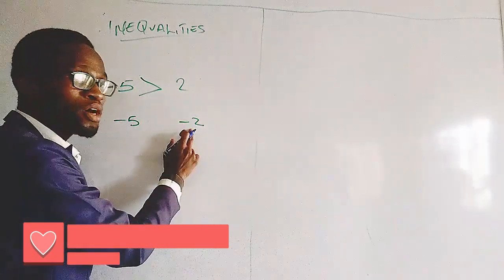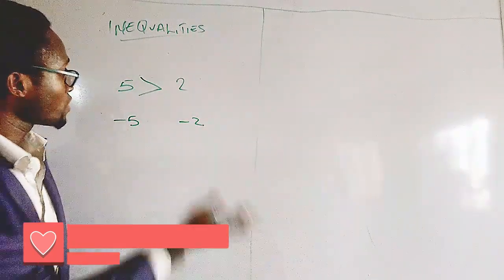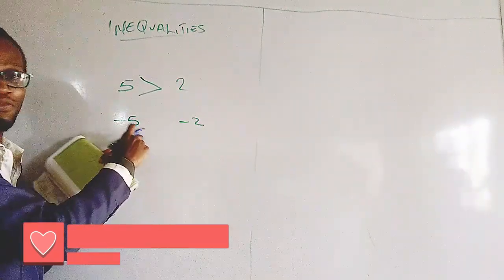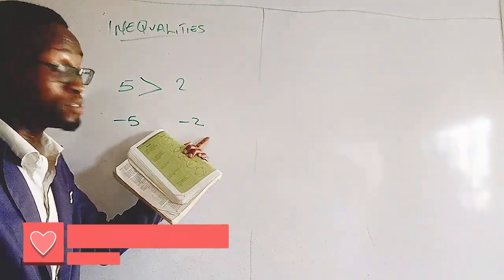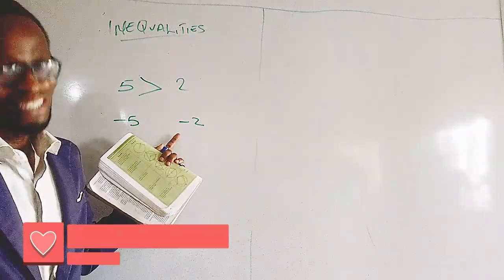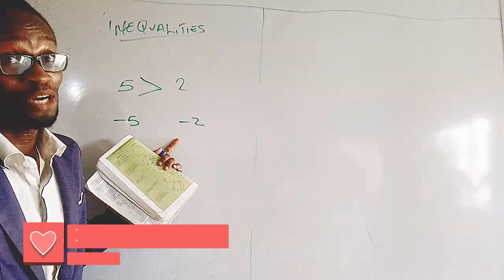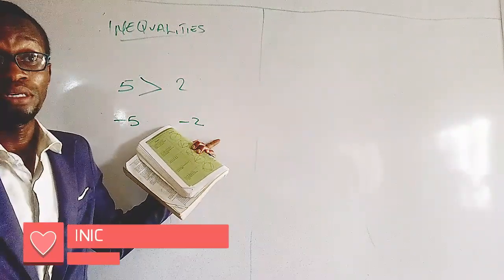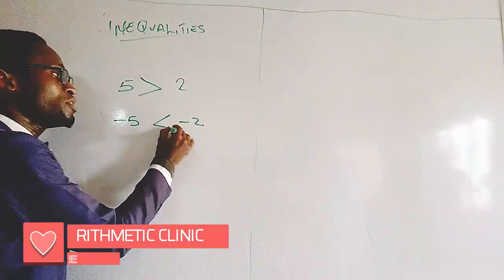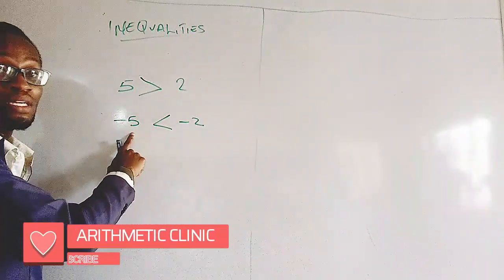Why? Minus means a kind of debt. Somebody that is in debt of 2 and somebody in debt of 5, which of them is richer? The guy that is just in debt of 2 is still better than this guy. So it means that -2 is actually greater than -5.